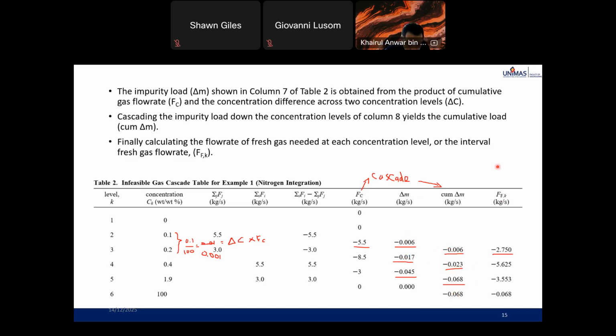The largest negative FFK actually represents the minimum fresh gas flow rate cascaded down, the minimum discharge flow rate. So it's similar to the method with water cascade analysis.